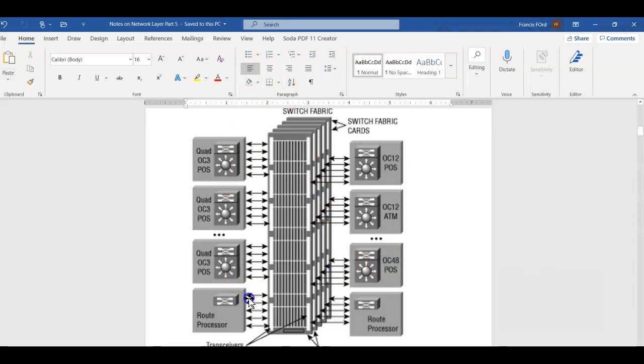There are input lines on one side, output lines on the other, and the switch fabric. You have the buses that take the input, the buses that take the output, and they're all connected to one another. So it's kind of quite a mess, as you can see.